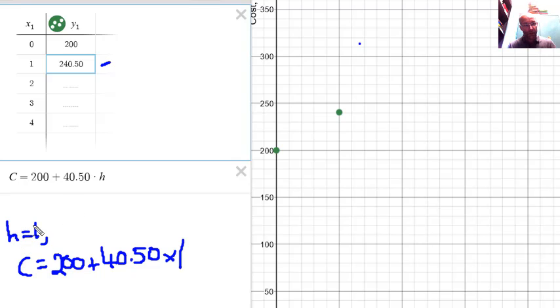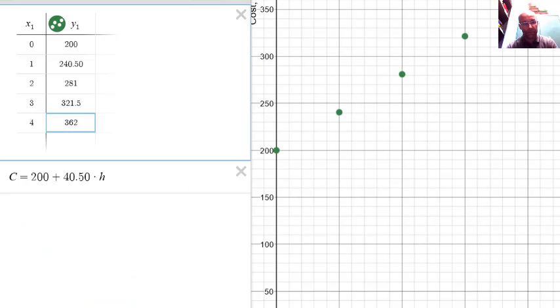And for h equals 2, that would be changed to a 2 there, and we would have 200 plus 40.5 times 2, which is 81, and we have $281, and we can enter those in like so.